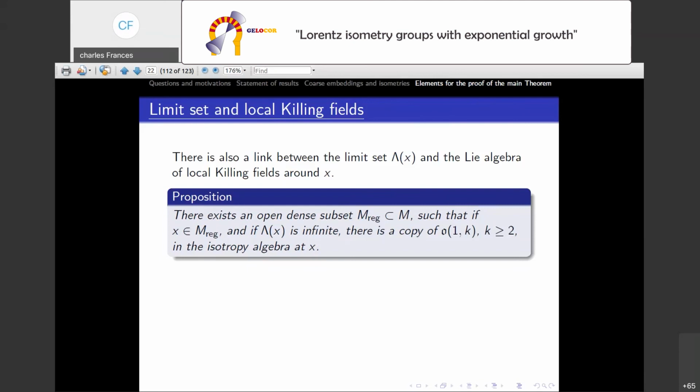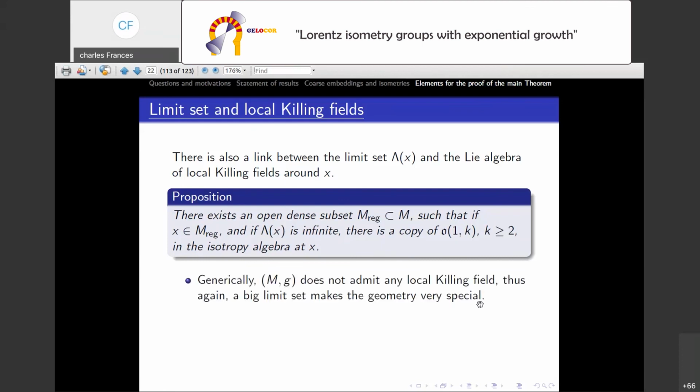The isotropy algebra at x is the Lie algebra of local Killing fields vanishing at x. So the upshot is that when the limit set is big, you get a lot of infinitesimal symmetries locally.